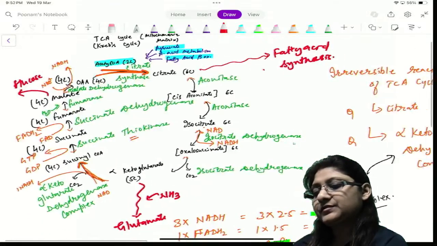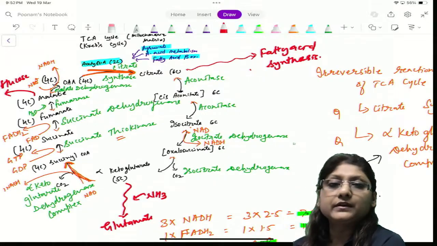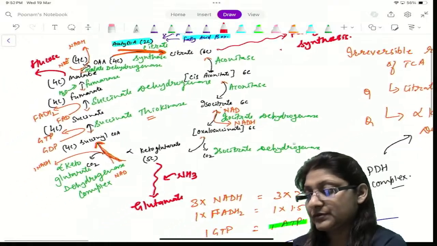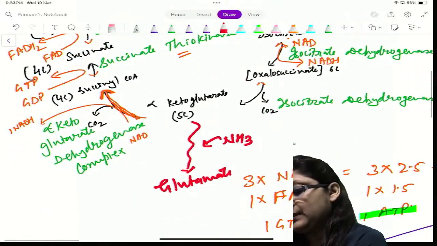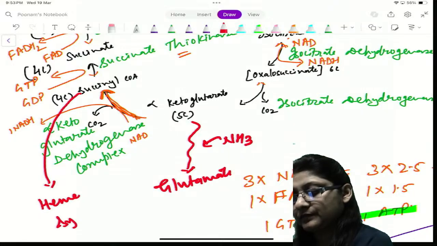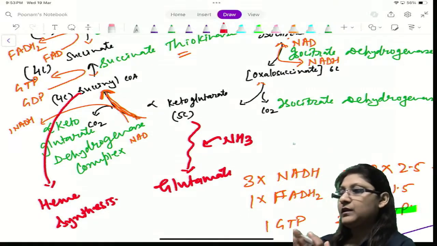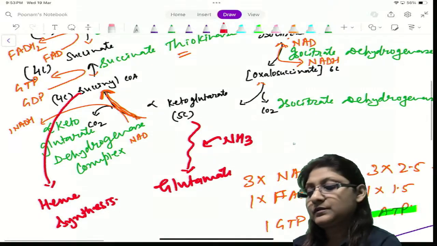And why forget the succinyl-CoA, which may move to heme synthesis. So a number of intermediates are going to leave the TCA cycle and go away into various other reactions.